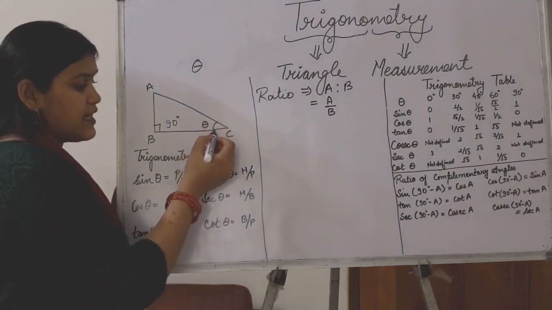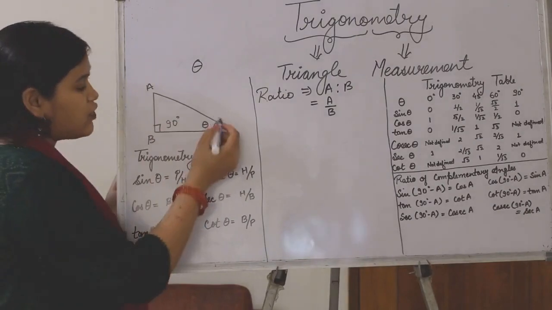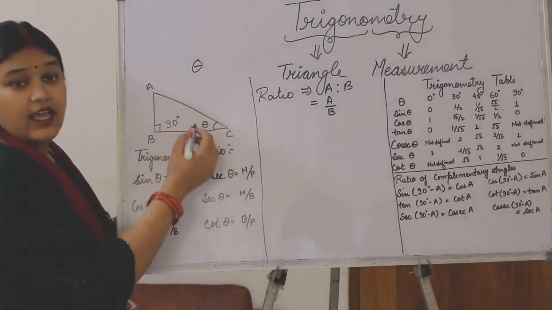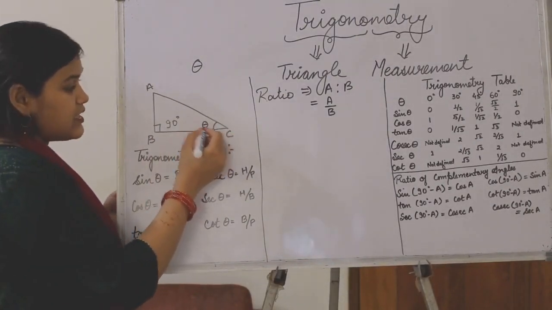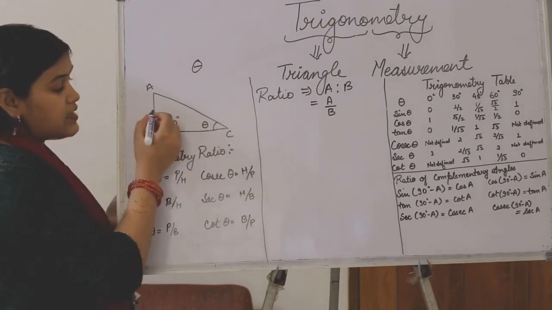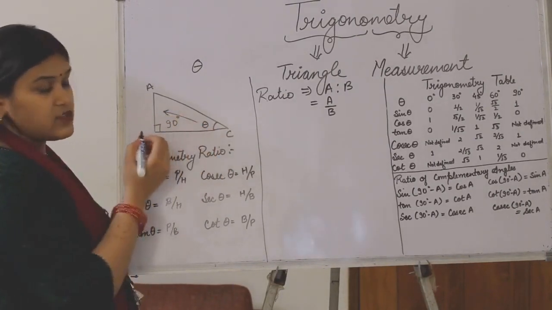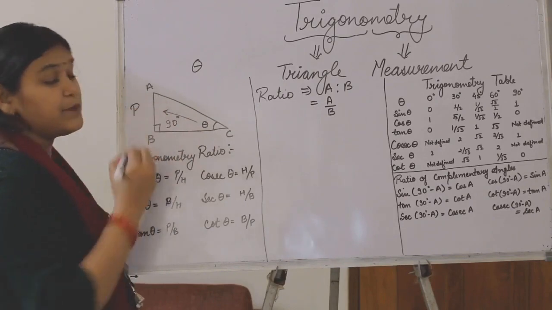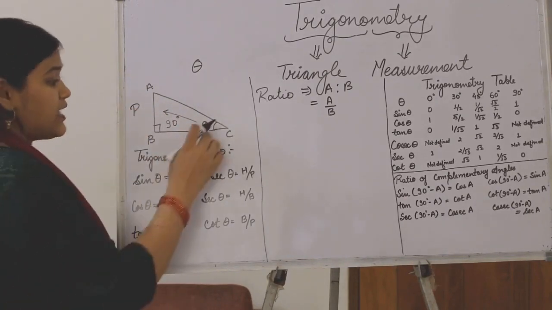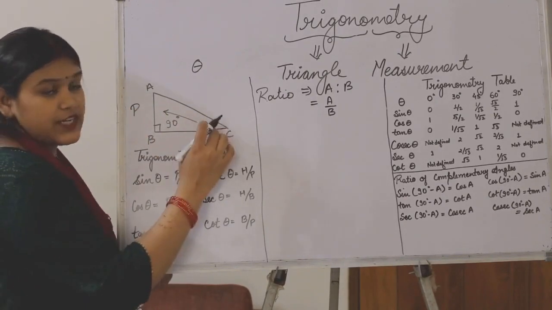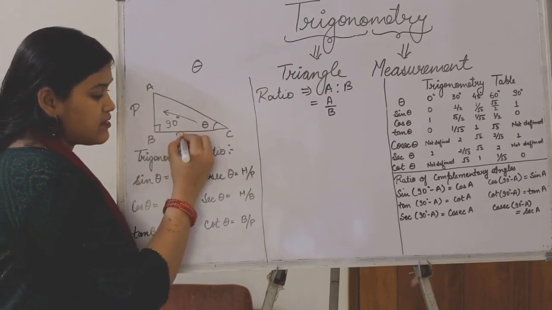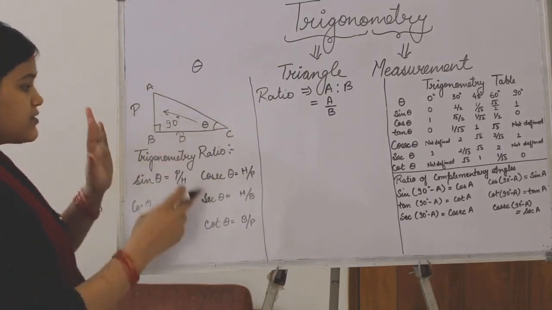Friends, we consider one angle of this triangle as theta. So, for this theta, the opposite side to theta is known as perpendicular. We represent it by P. And the adjacent side of theta is known as base. Okay, I repeat it once again.